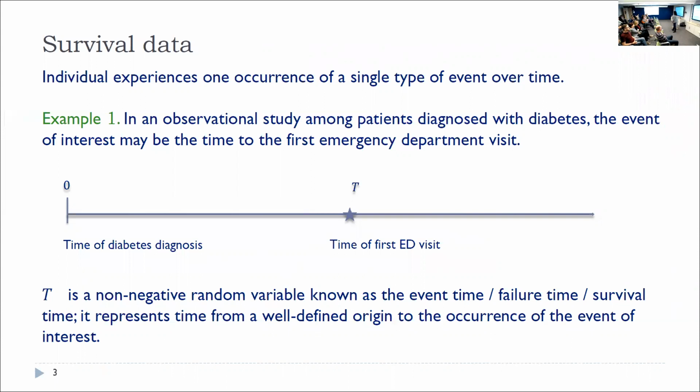So in this example, I'm following individuals from time 0, which is the time of diabetes diagnosis, until the time, let's say, of their first ED visit. That T is a non-negative random variable. I'm looking at time to that event. It's an event time, a failure time. And the main thing is I'm going from some well-defined origin of time, time 0, to looking for that event to occur.